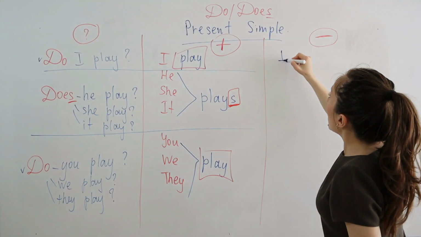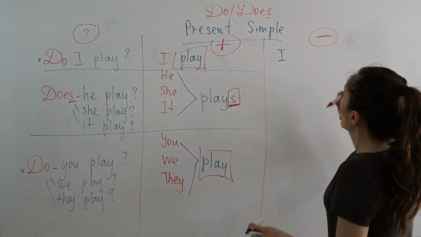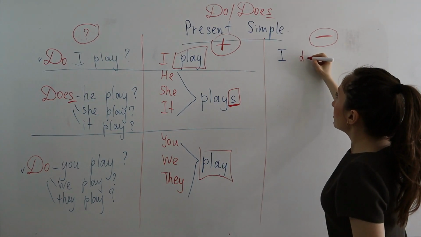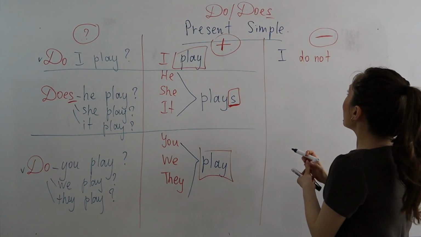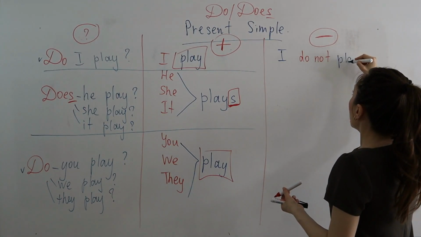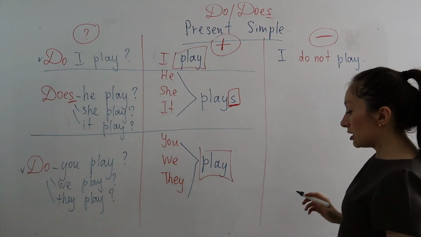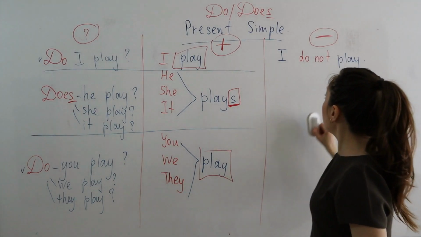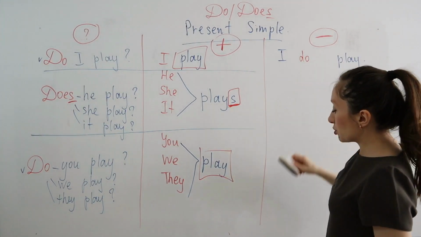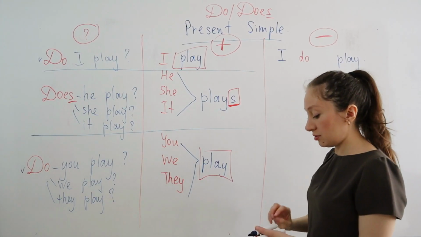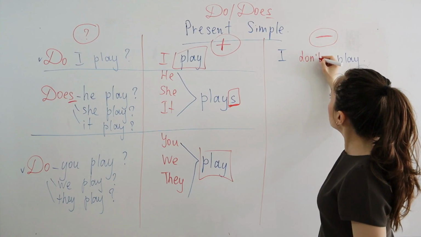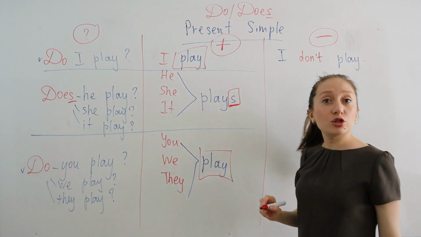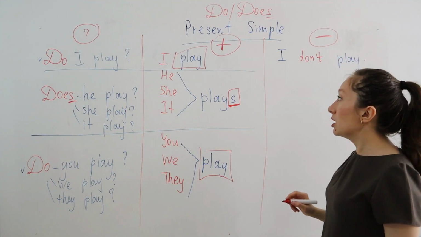For example, I do not play football every weekend. So this is do not. It's a full version, but usually people use the short form, don't. I don't play, right?